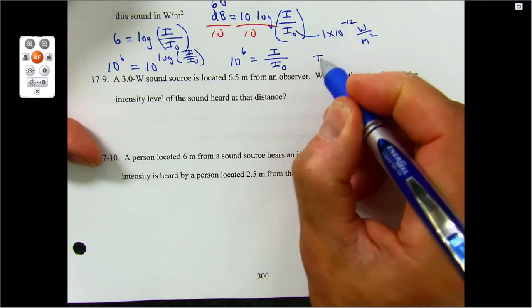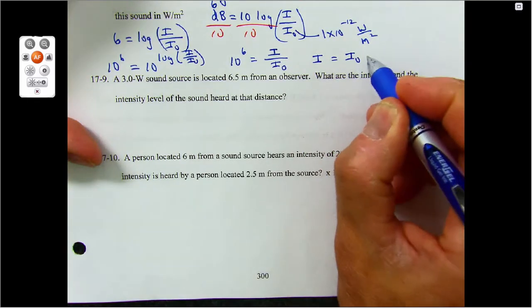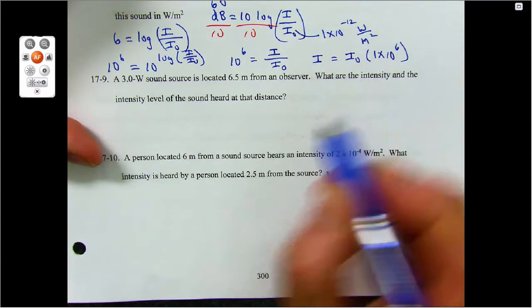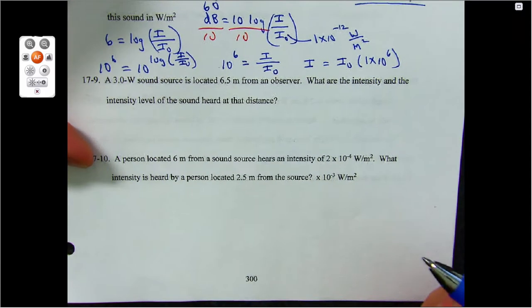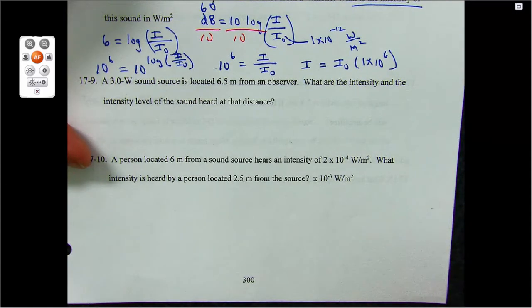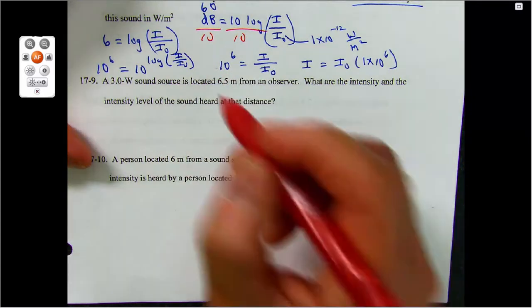So my intensity is going to be I sub O times 1 times 10 to the 6. This is 1 times 10 to the 6. We can put it that way. 10 to the 6th is still 1 times 10 to the 6th.